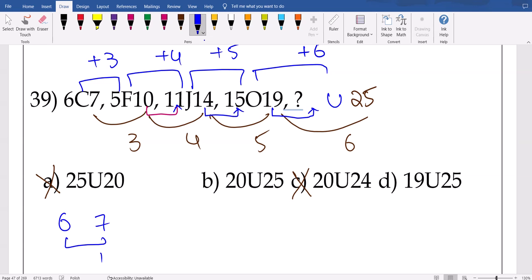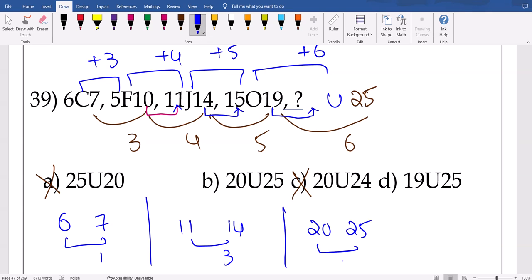Okay. 5 and 10, alternate 11 and 14. Okay, fine. That's again one more logic. So they're saying, okay, sir, 6, 7, 1 gap. 11, 14, 3 gap. Alternate way. 20 and 25, 5 gap, sir.